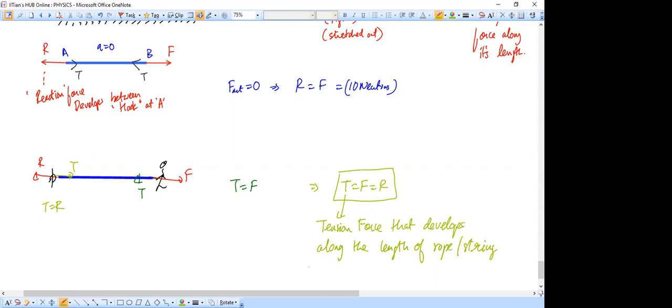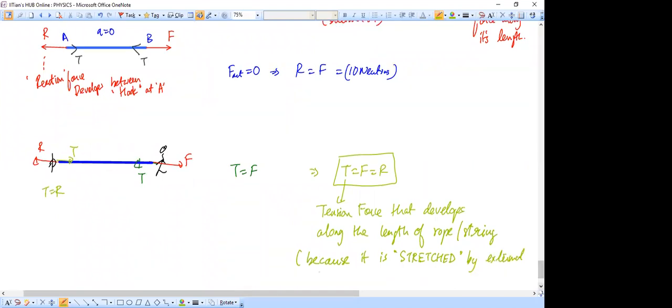Because it is stretched out now, stretched by the external forces F from one side and the reactionary force from the wall on the other side. These two forces are pulling it apart like this.